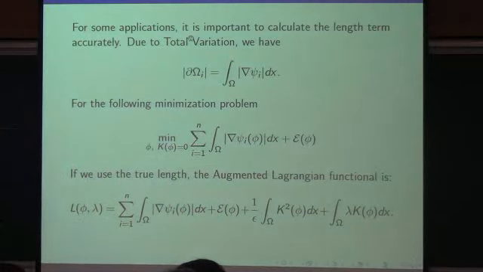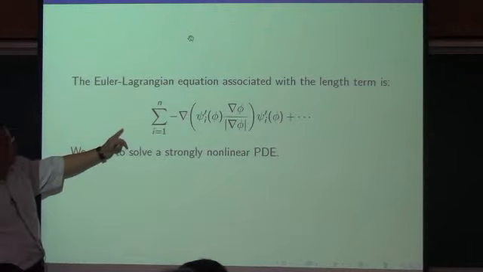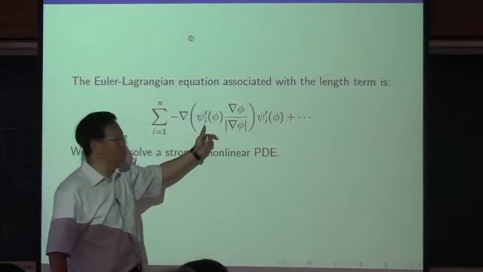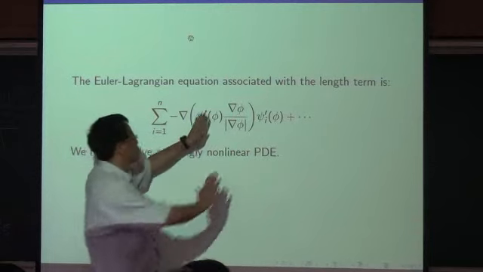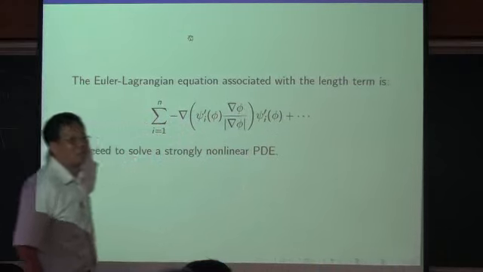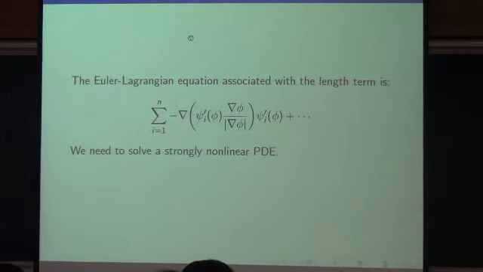Then here is the term related to the Euler-Lagrangian. You have the derivative inside and derivative outside, so this is a much more complicated PDE. What we do essentially is just put one here, which simplifies things quite a lot. If you want to minimize the exact length, you need to solve this one.